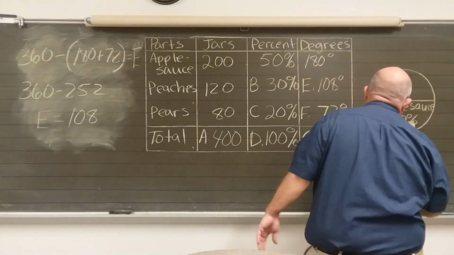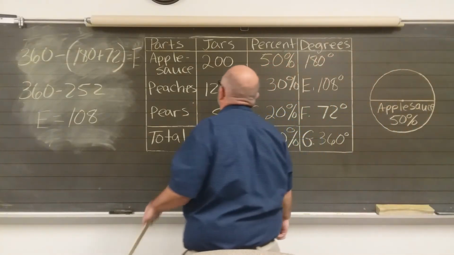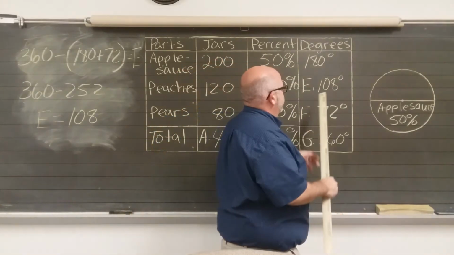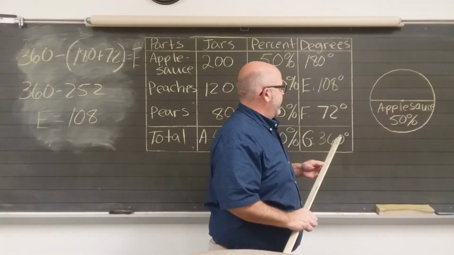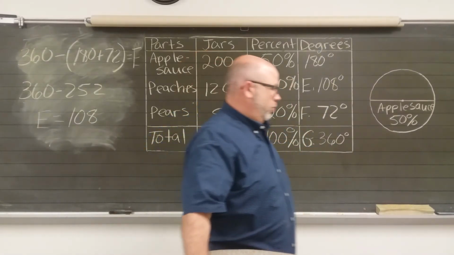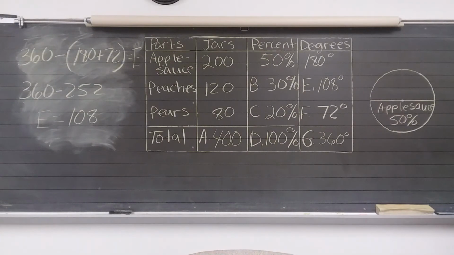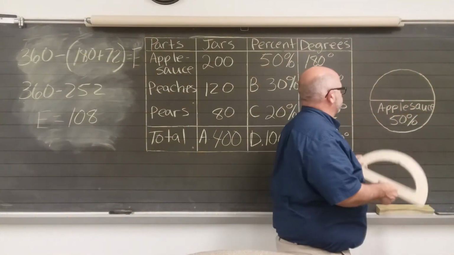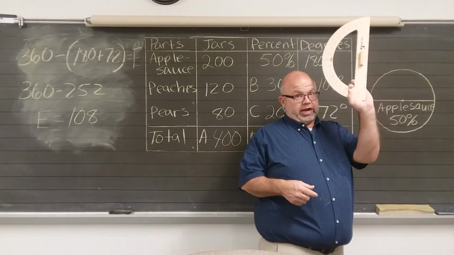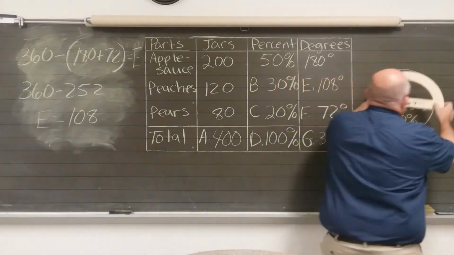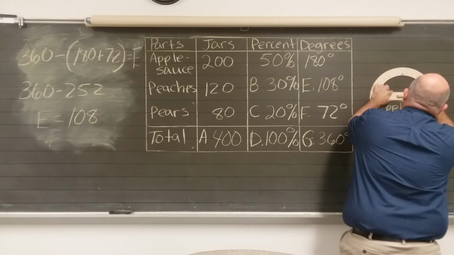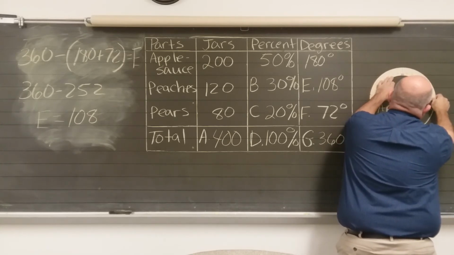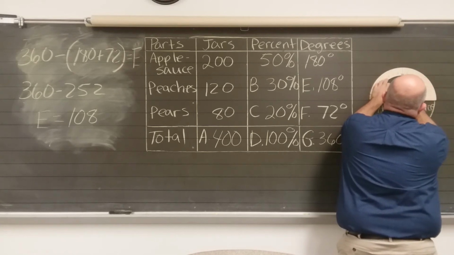So you'll have applesauce, 50%. All right. Now we make a 108-degree angle. What do we know about 108? Or you can make a 72. It doesn't matter. So now, protractor. Put it on the center. So you're using one of these lines. So let's make a 108-degree angle.